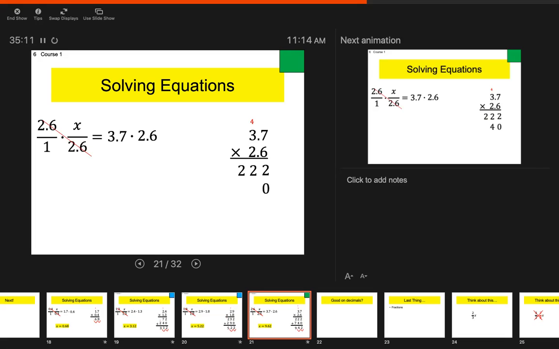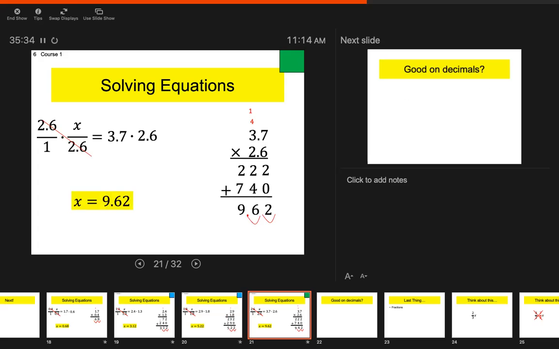Bring down the 0. 2 times 7 is 14, 4 carry 1. I'm running out of spaces with my carrying here. 2 times 3 is 6 plus 1 is 7. Then we add, that would be 2, 6, 9. How many decimal places? Two. So the final answer is x equals 9.62.